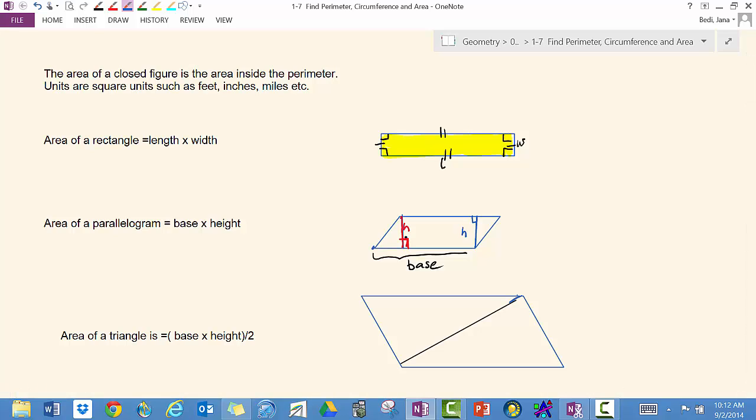So let's look at the triangle ABC in this case. The base could be any one of the sides. So let's choose this side. Let's say that's the base.